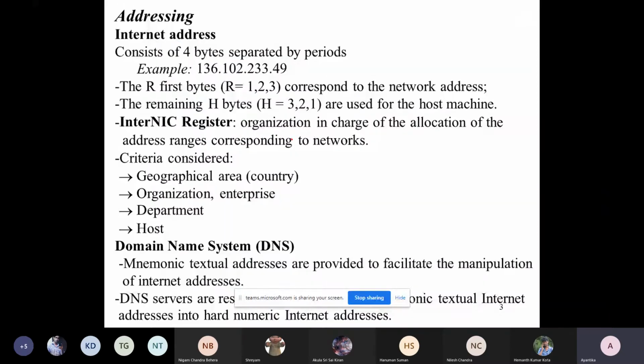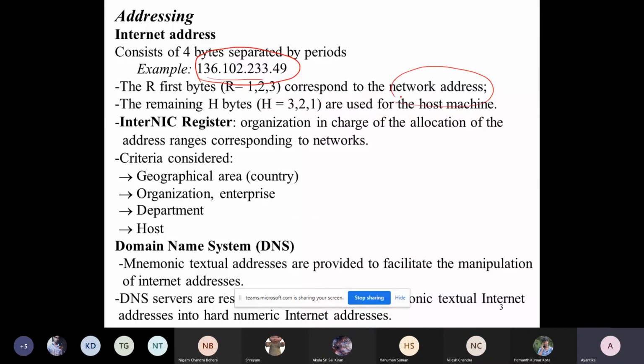So there should be some protocol for how I assign an address to each component present in my network. From there comes the concept of the internet address. There are protocols for how we form that internet address. In general, these are 4 bytes, and the initial few bytes are related to the network.